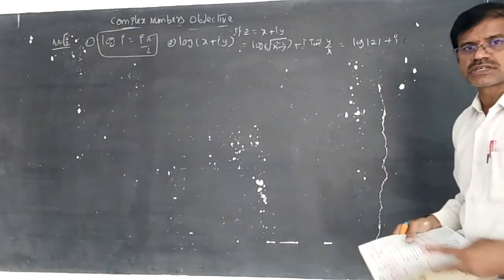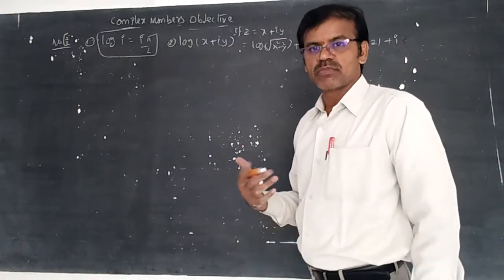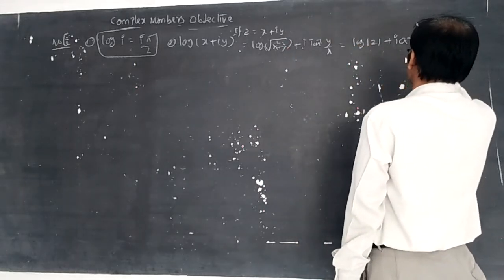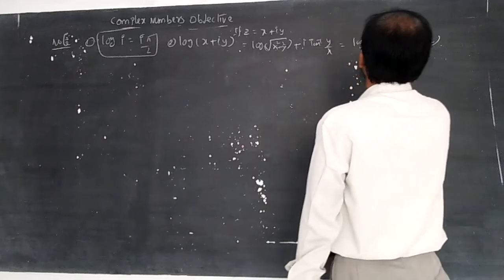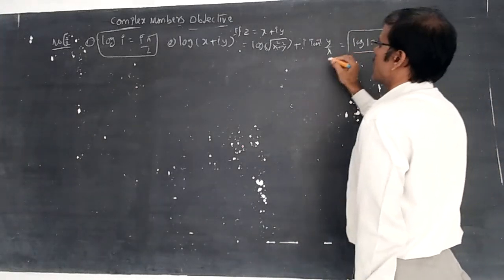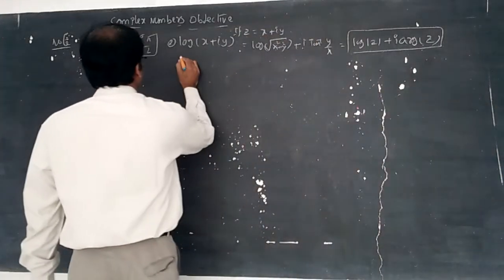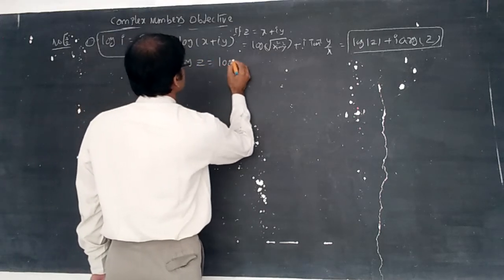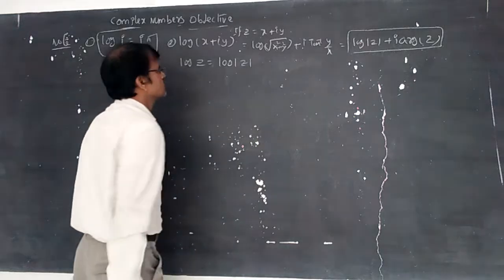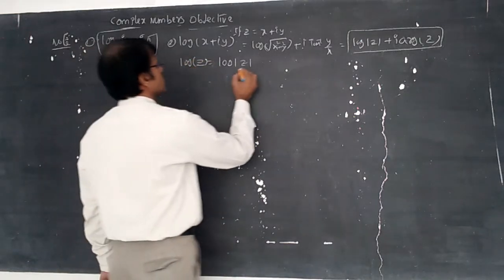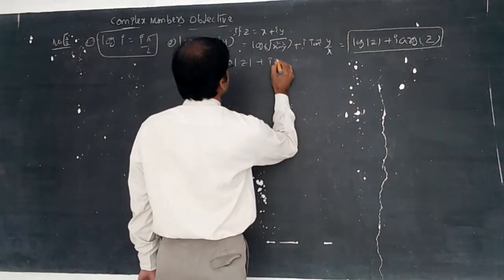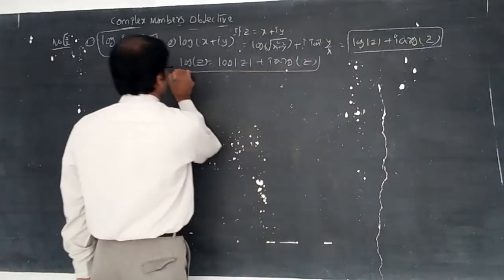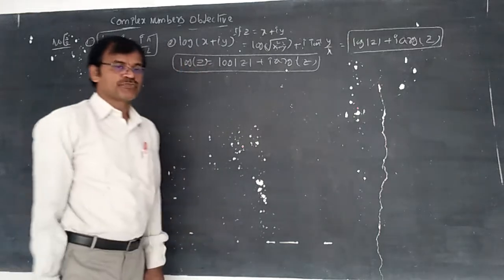Argument meaning is theta, angle or amplitude. So i into argument of z. This is the formula. Remember this one as a formula. So log of z is equal to log mod z plus i into argument of z.